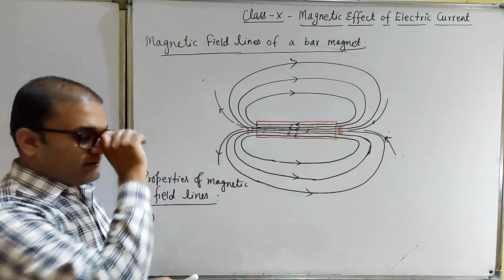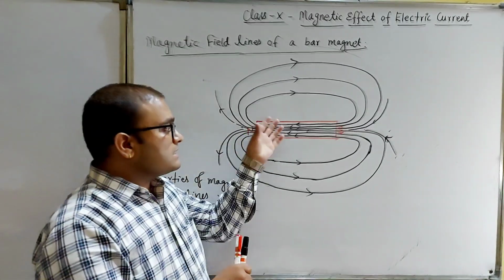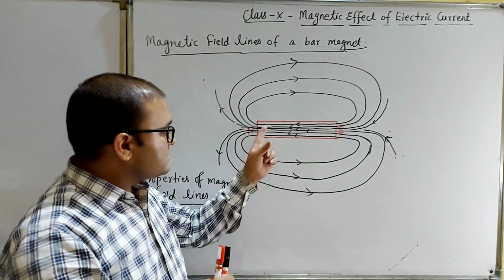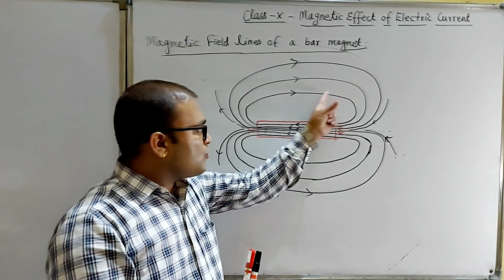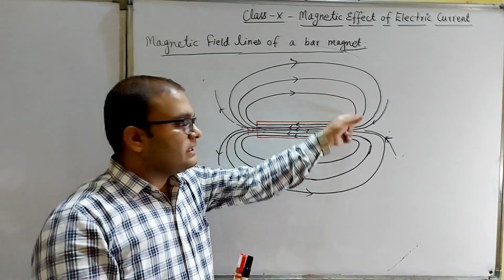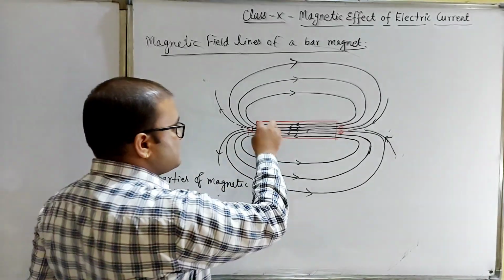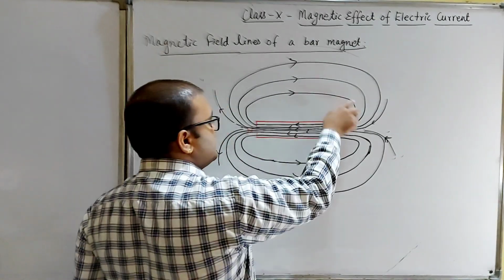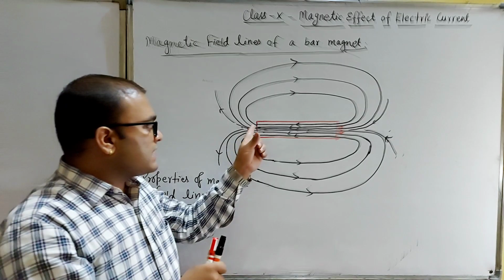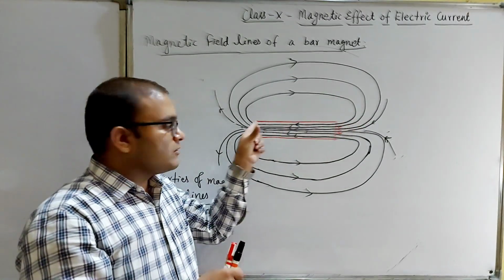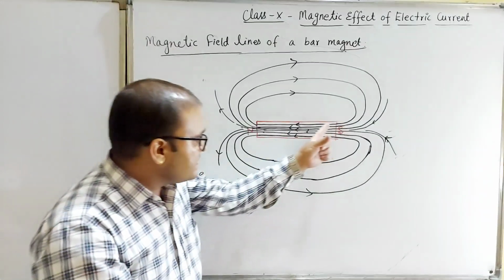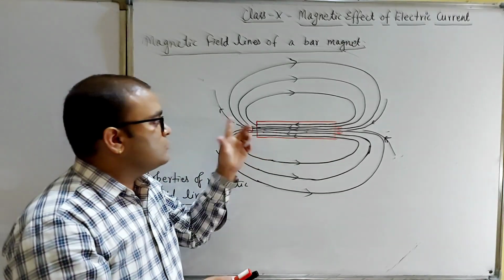First, please understand. Here you can see that the magnetic field lines are making a closed continuous loop. Magnetic field lines make a closed continuous loop, means outside the magnet these are from north pole to south pole, and inside these are from south pole to north pole.